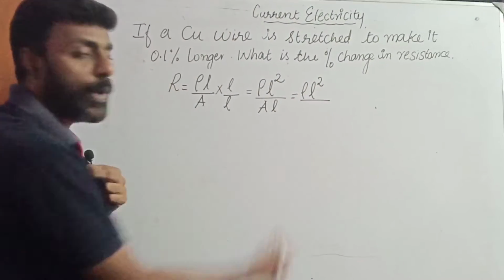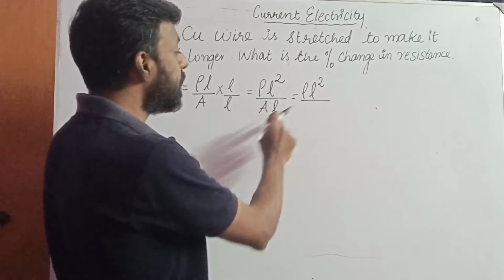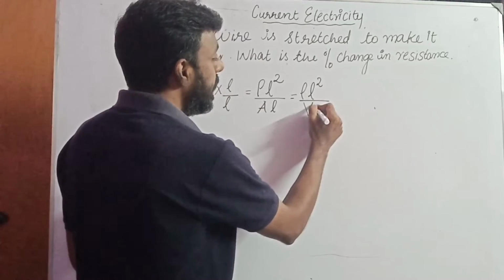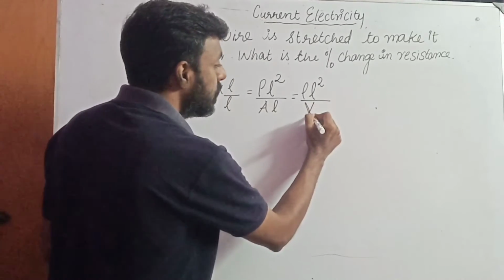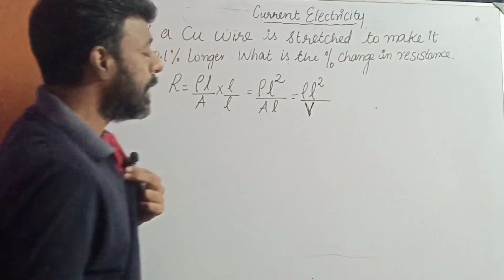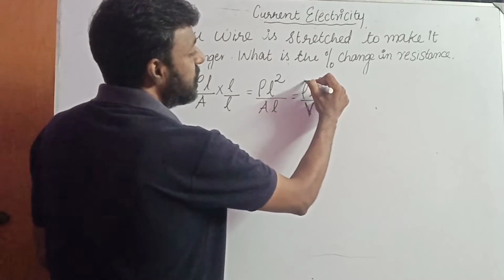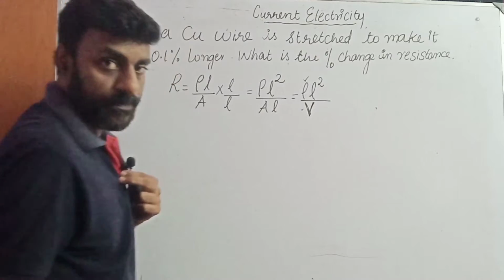What is A into L? Area into length is volume. So I am denoting it with capital V. In this one, the volume won't change, and the specific resistance of the material won't change.